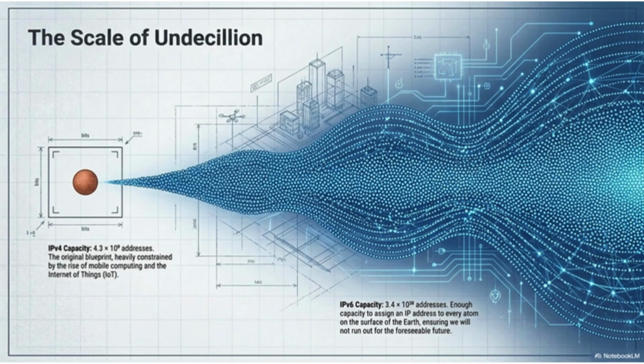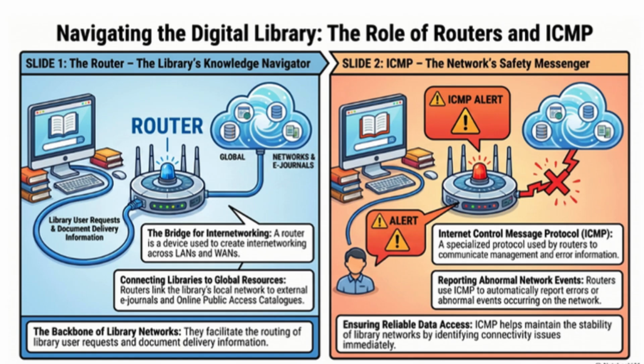And the devices directing traffic between those locations are the routers. Yep. Routers sit at the borders between local networks and wide area networks, and they rely on very specific protocols to communicate. The sources detail two really crucial routing protocols here. The first is ICMP, the Internet Control Message Protocol. It functions basically as a diagnostic tool. Routers use ICMP to report abnormal events on the network.